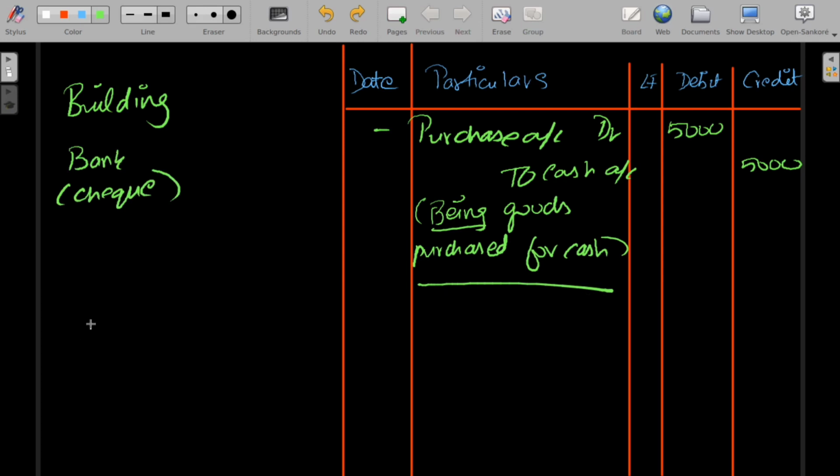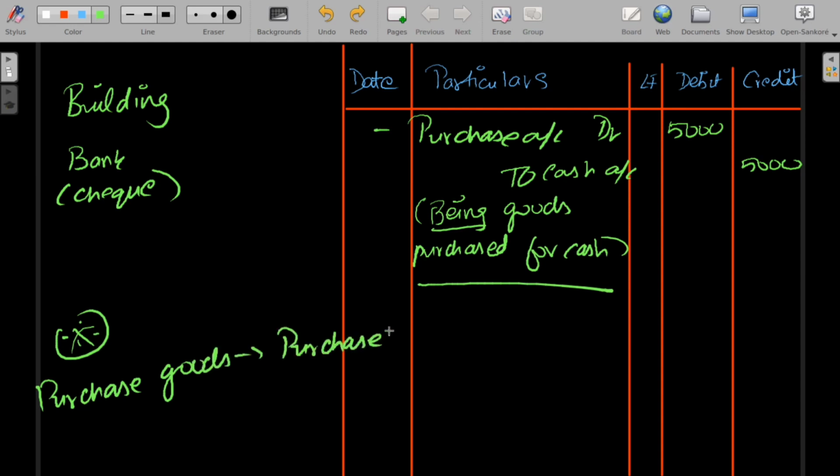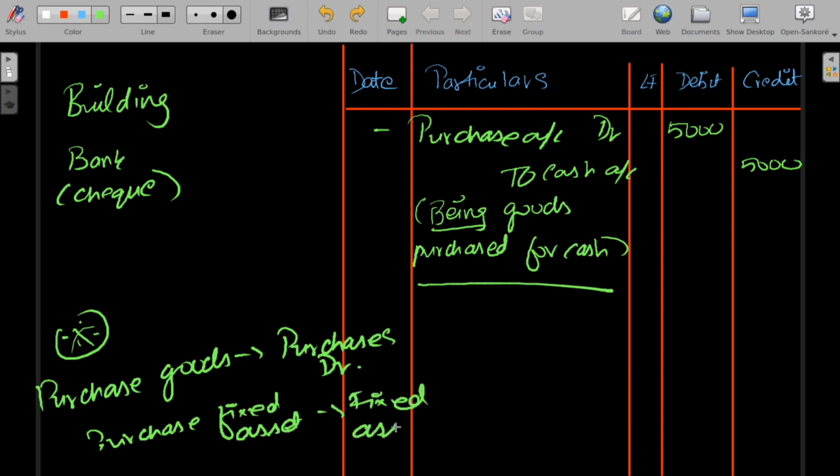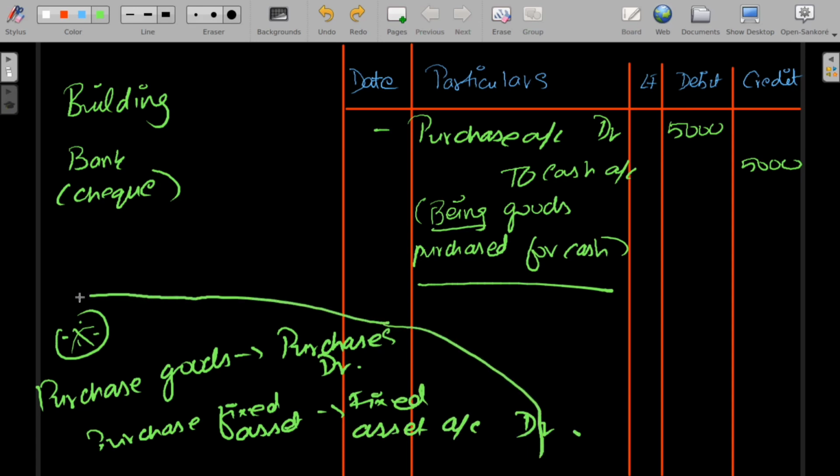That's a very important point to remember: when you purchase goods, your purchases will be debited, and when you purchase any fixed asset, your fixed asset account will be debited. This is a very important point while making a journal entry.